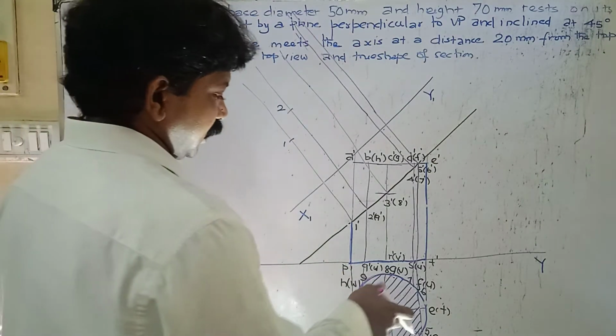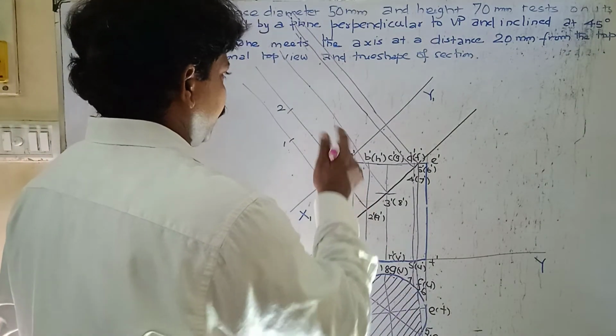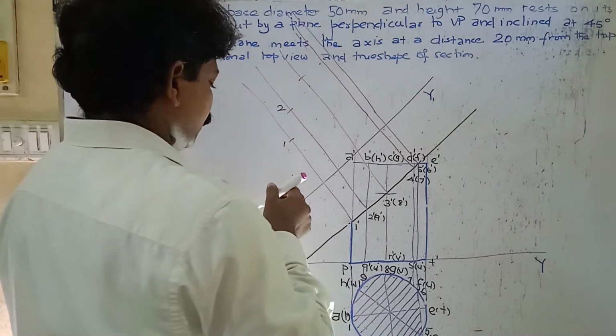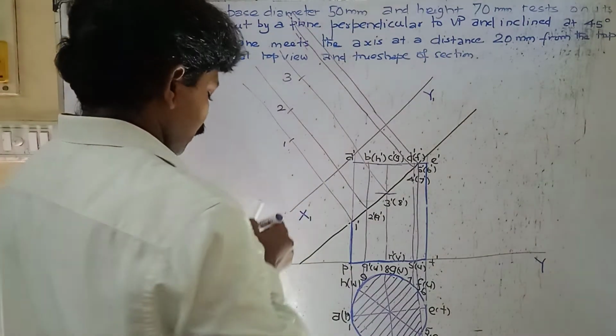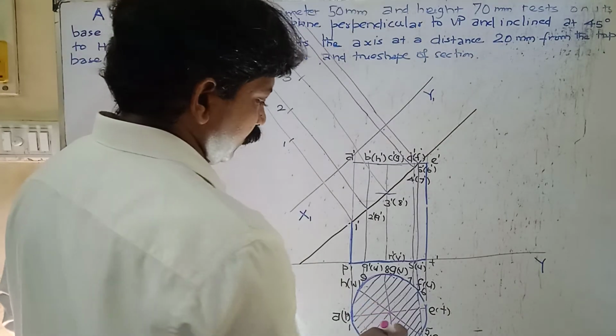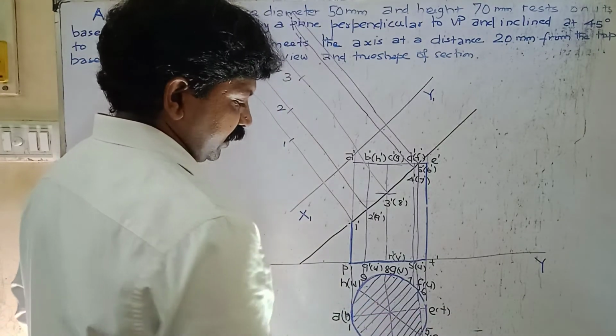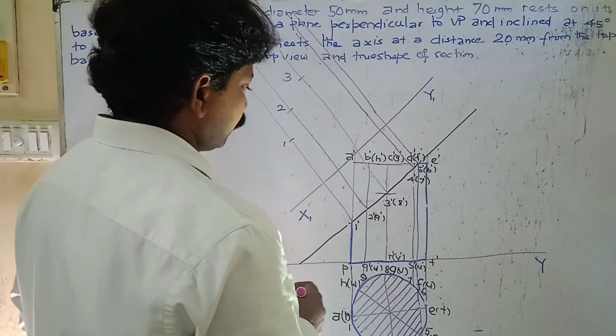Similarly, XY axis to point 3 distance as radius, draw the arc, mark the point 3. XY axis to cutting point 4 as radius, draw the arc, mark the point 4.